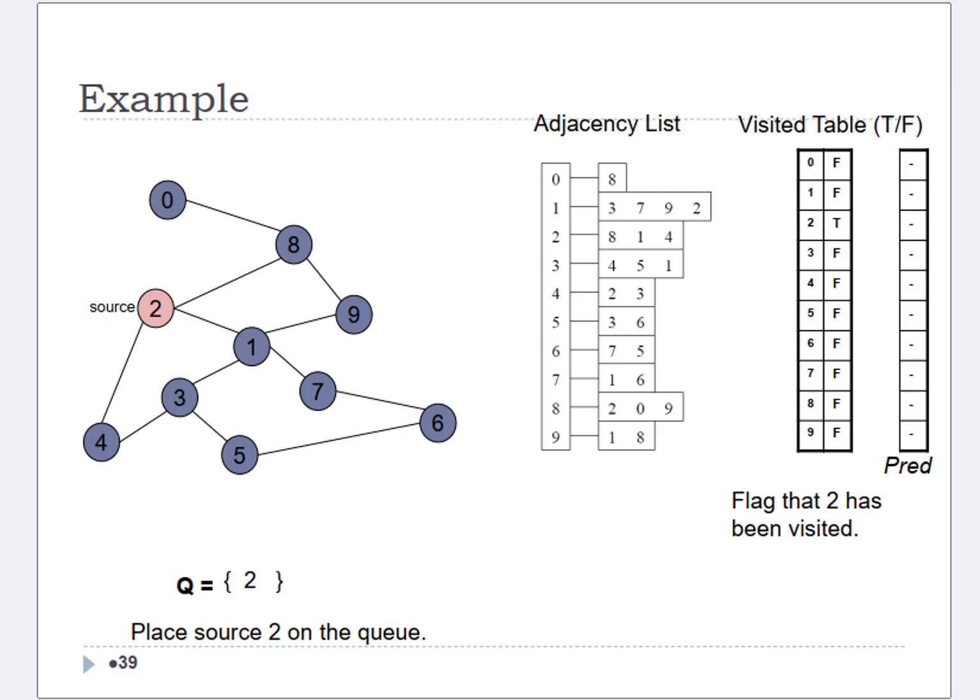Example: adjacency list, visited table T/F, source 0. Flag that 2 has been visited. Q equals 2; place source 2 on the queue.